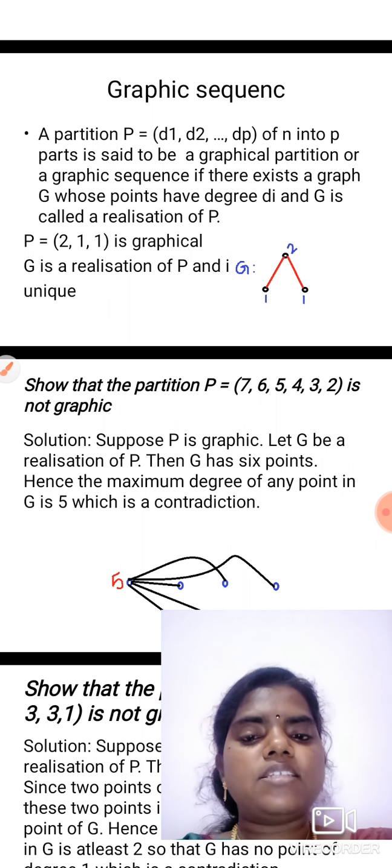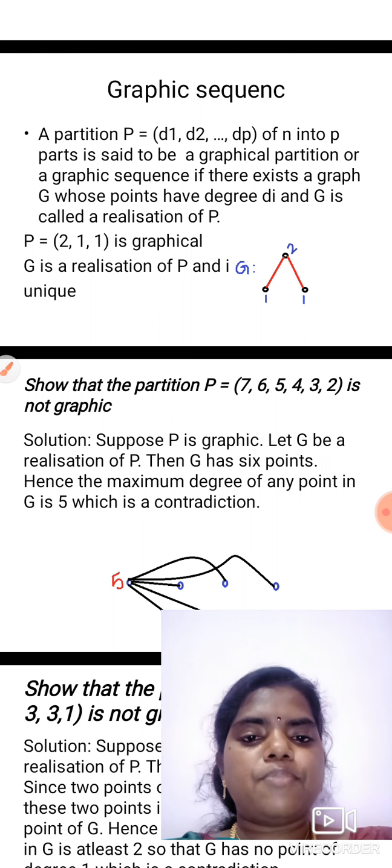Can we construct a graph with 3 vertices whose degrees are 2, 1 and 1? If we are able to draw a graph in such a way, then the partition of 4 into such a combination is said to be graphical.